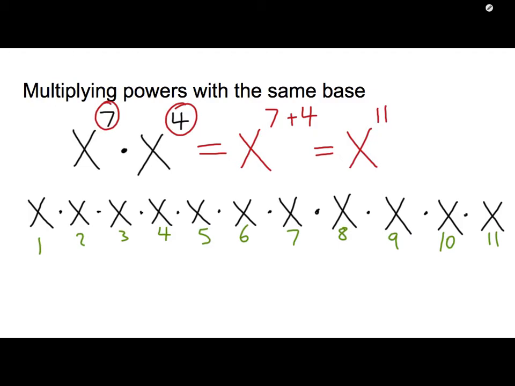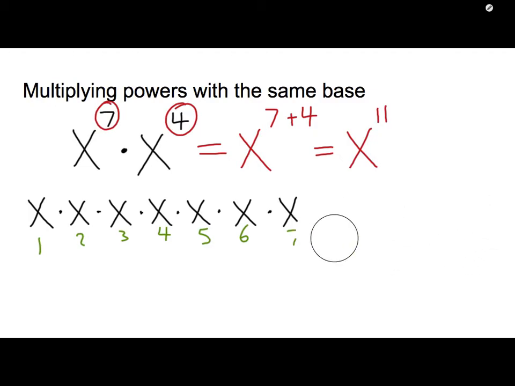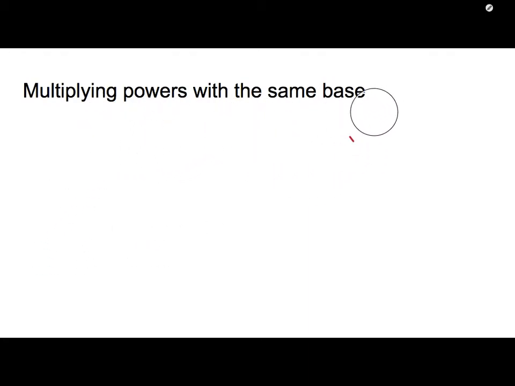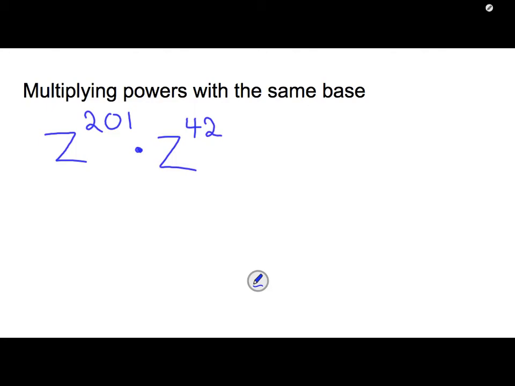Now what might that look like if we had some bigger numbers? Because I did mention it makes that easier. Let's say I had z to the 201 power times z to the 42nd power.